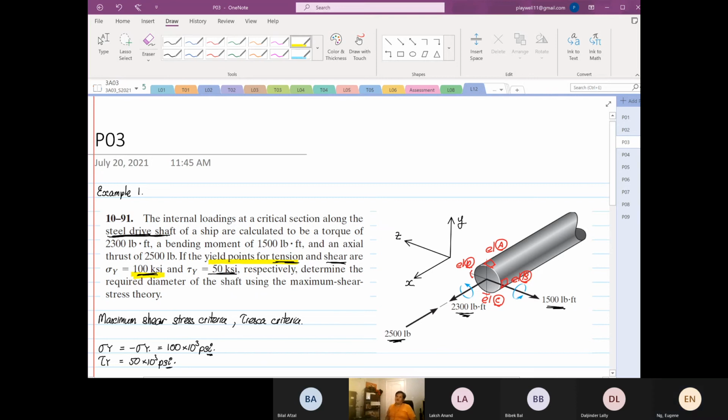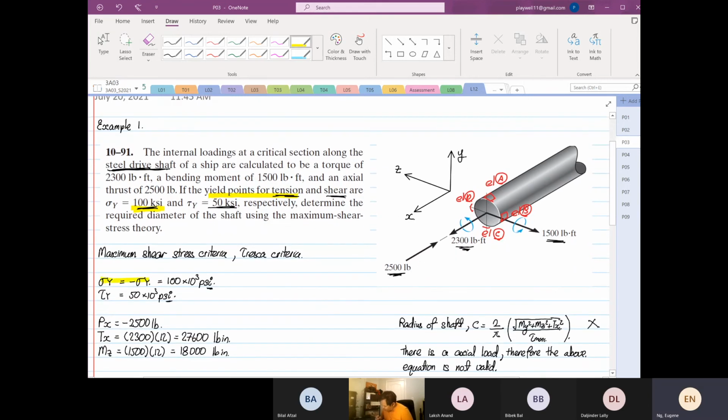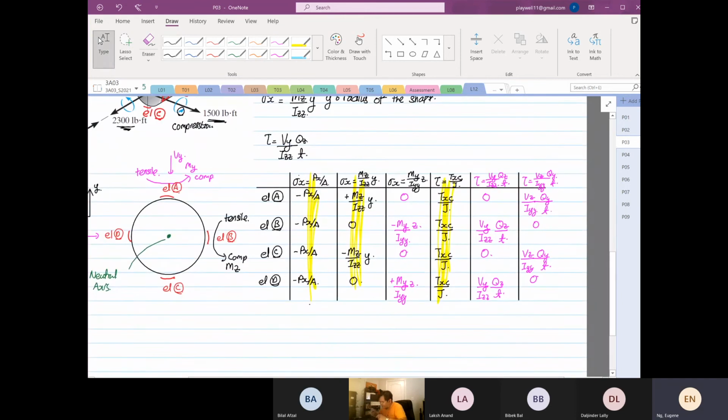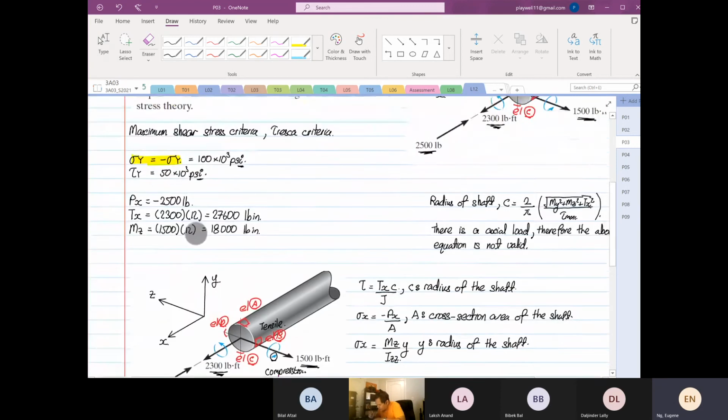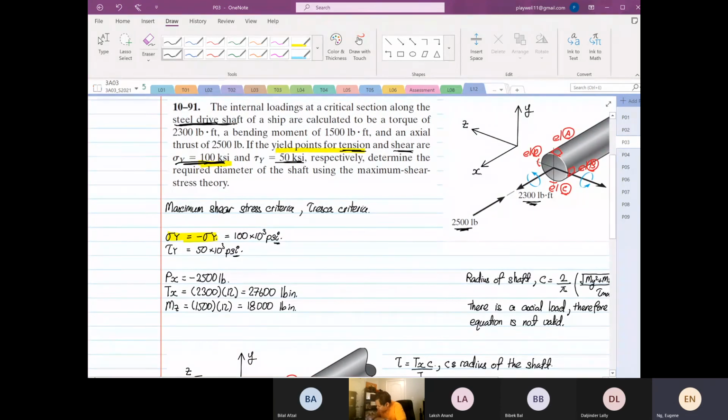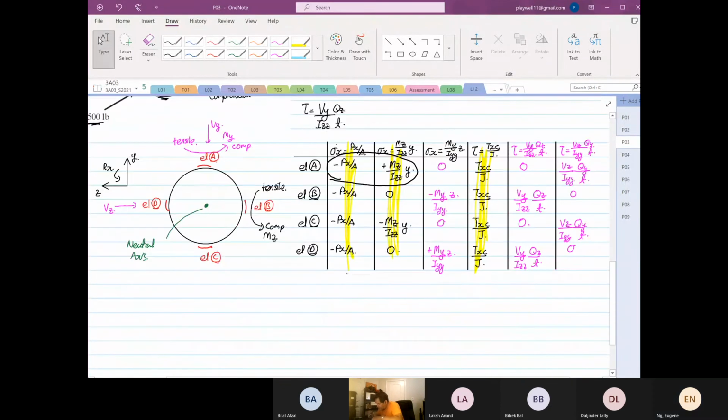So if you were not to understand Tresca criteria, that the yield stress in tensile and compression are the same, you will have picked this value. If you don't know Tresca criteria, you will see down here, Eugene, they only give us what? Tension. So I'm going to pick point A, which has the maximum tension.